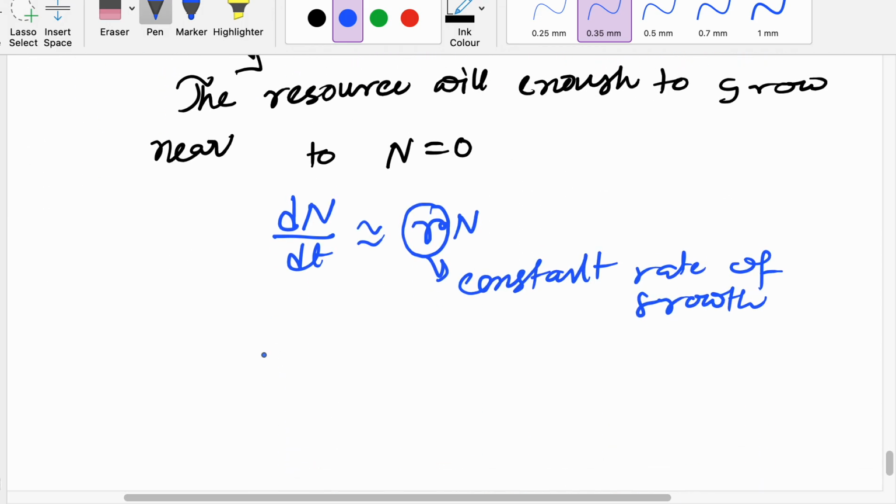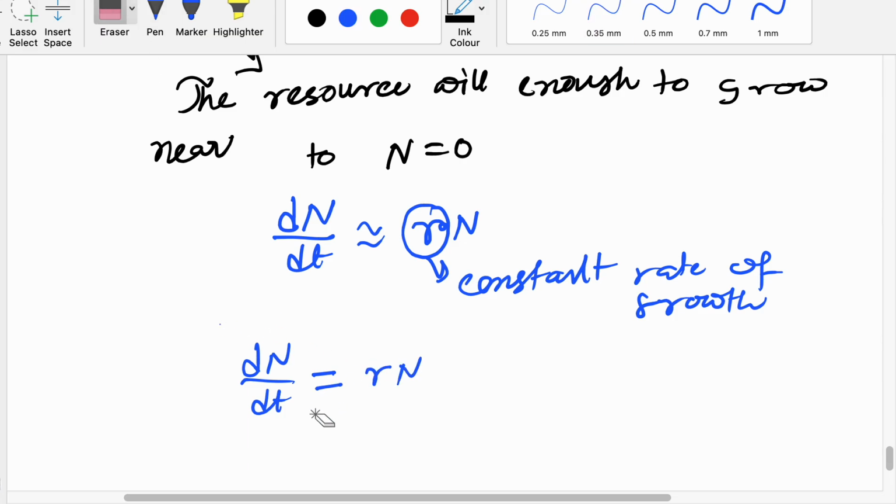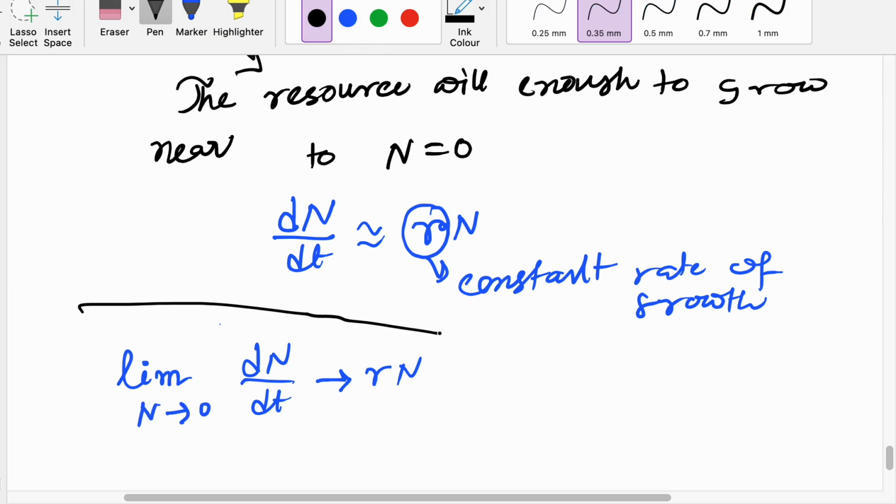So dN/dt should approach rN as N tends to 0, it will become rN. This is the second assumption.